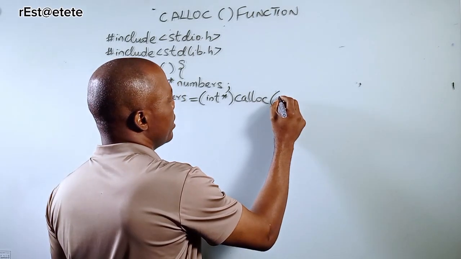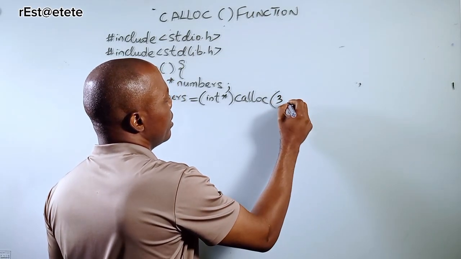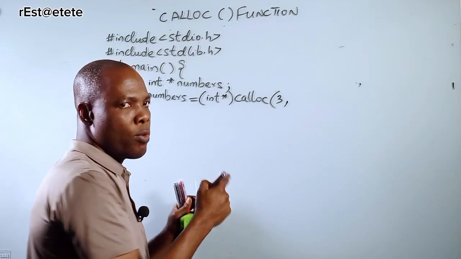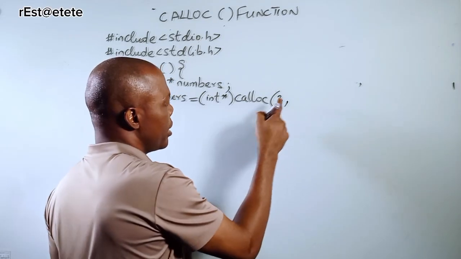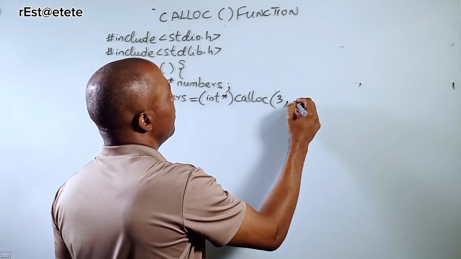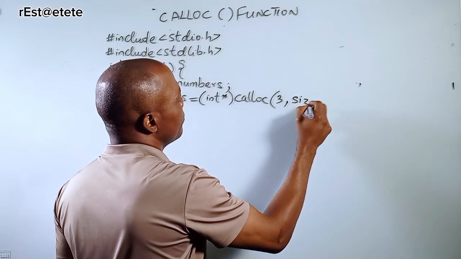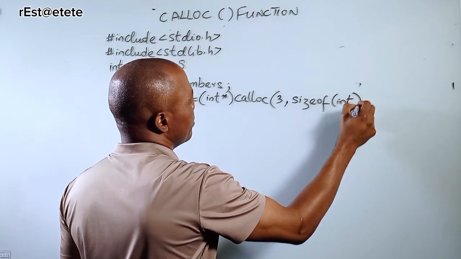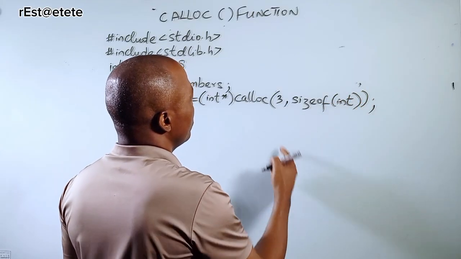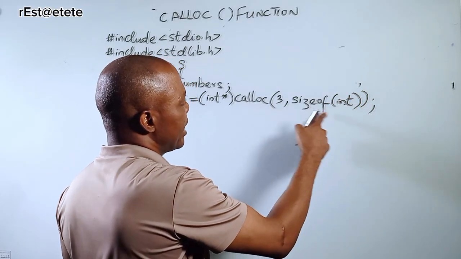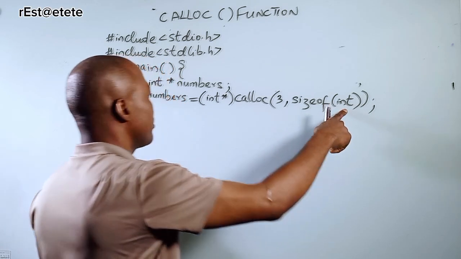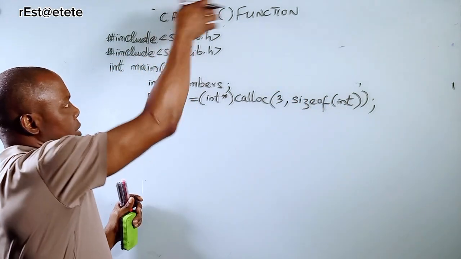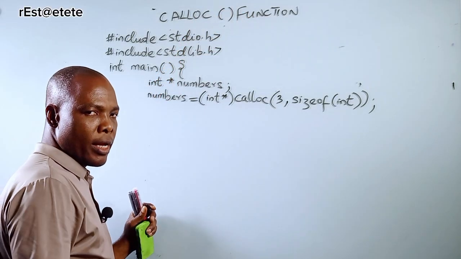So I'll say 3, comma, size of int. The other one was 3 multiplied by size of int. So I'm saying 3 elements, and the size of each of them is an integer. This is the most important line that illustrates this class.